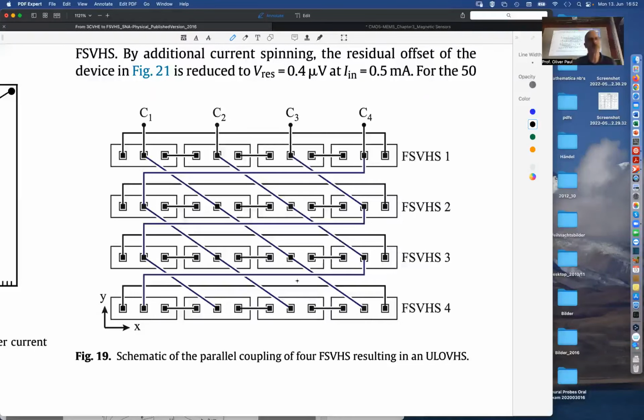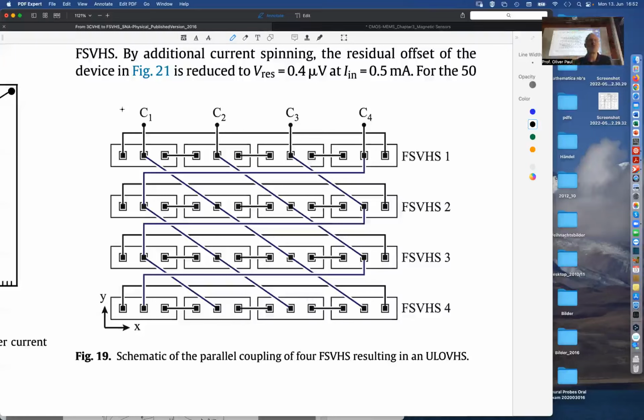So instead of doing the operation in the cyclic permutation in fully symmetric vertical Hall sensor 1, I have it also implemented here immediately, and here immediately, and here immediately in phase 2 and 3 and 4. And of course, I have 4 output contacts. So I can operate this device like a parallel operation of the device in 4 operation modes. And then I can still do the switching.